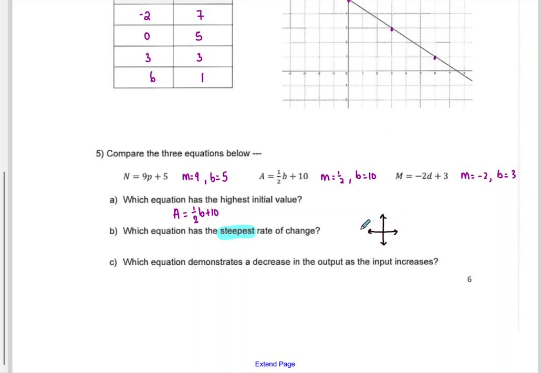Let's go ahead and look at this blue graph, compared to this green graph right here, okay? So we're going to say that the blue graph is steeper than the green graph, because whichever one is going towards the y-axis more is the steeper one, okay? So basically it just goes higher. So the higher graph is the steeper one.